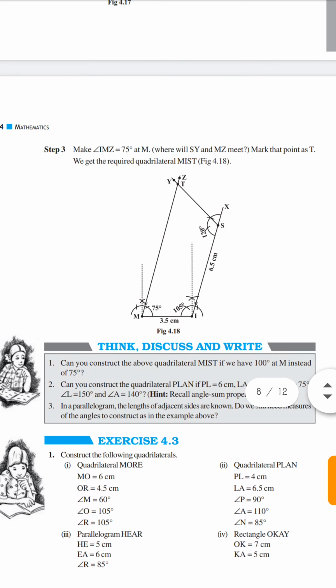Now there are some questions. First, can you construct the above quadrilateral MIST if we have 100 degrees at point M instead of 75 degrees? We can draw this.